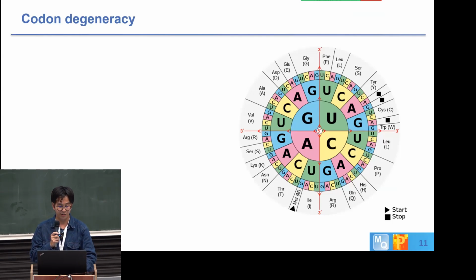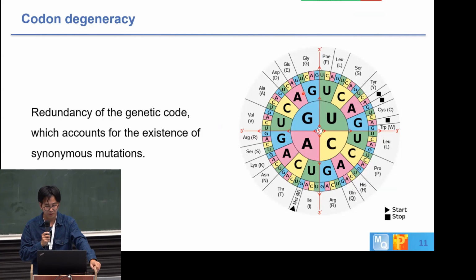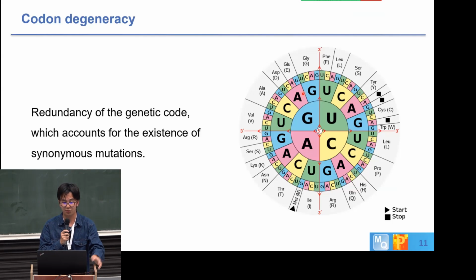And from this figure, you can see that for almost all of these amino acids, you can create them with different combinations of nucleotides. This is because of the redundancy of the genetic code, which is also called synonymous mutations.